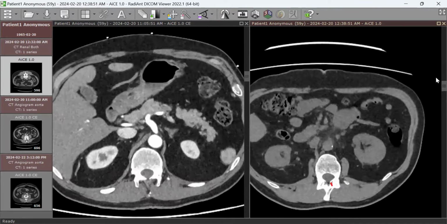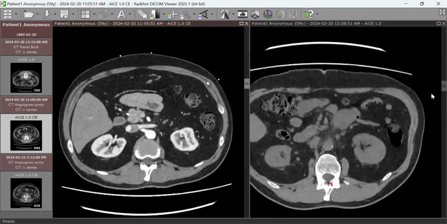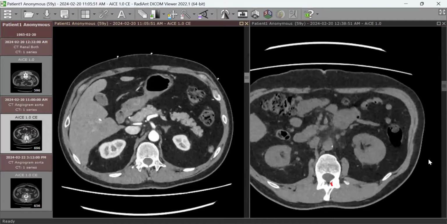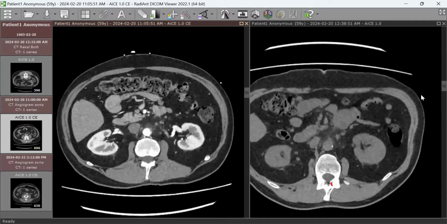Yes. And looking at the vessels in general, the aorta and its branches, you don't see a lot. We have the celiac and superior mesenteric arteries with good contrast filling, nothing in them. I'd like to see the renal arteries, if they're extended to the left renal artery, okay, but the right.